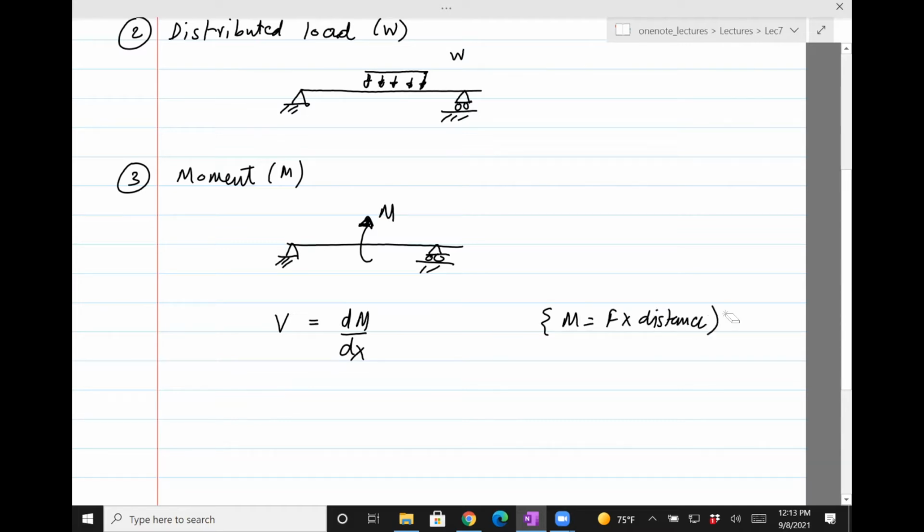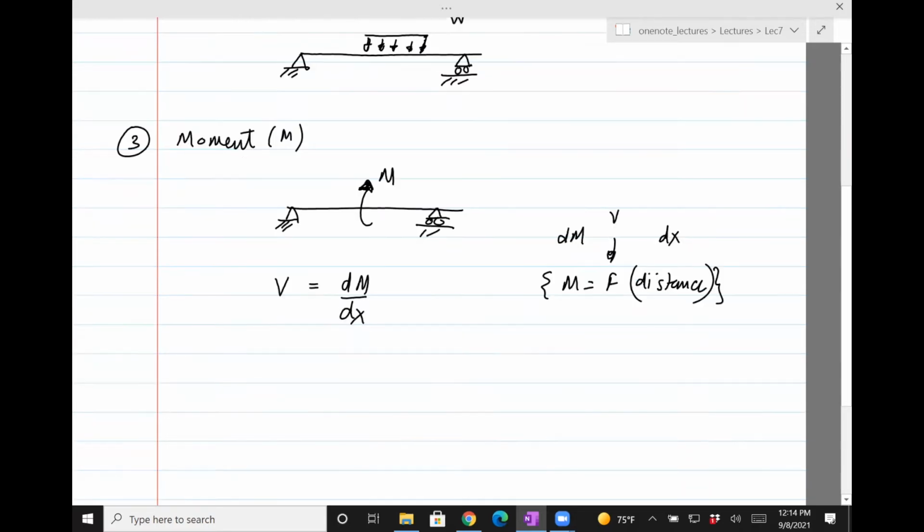And so it's really a manifestation of the same formula, except that you write the distance as dx and M as dM. So the force is V in this case, distance is dx, and that's known as dM. Okay, so that's one formula, just to help you remember it.